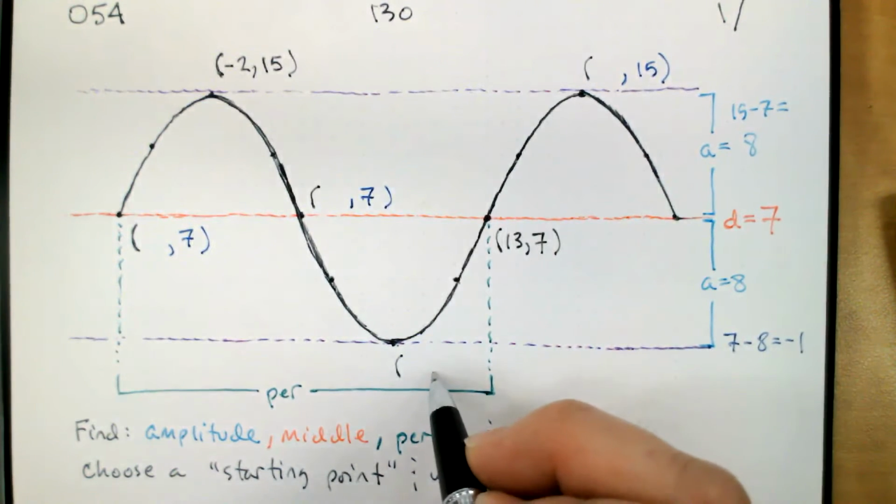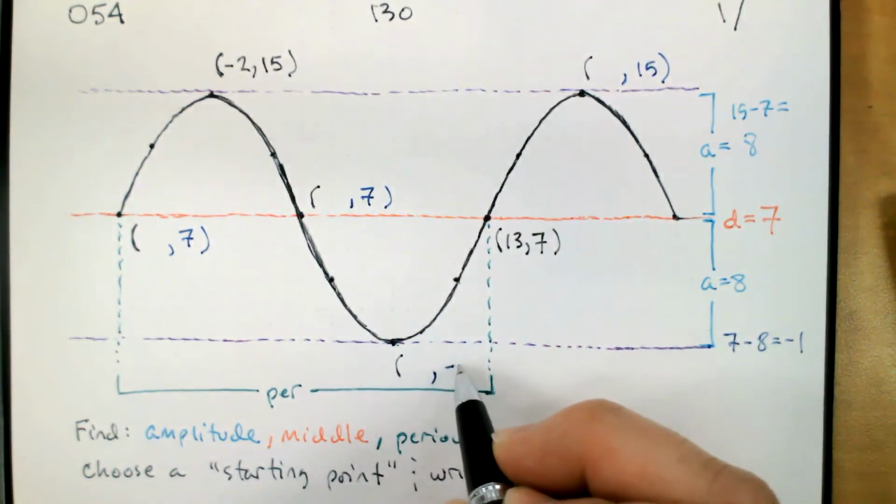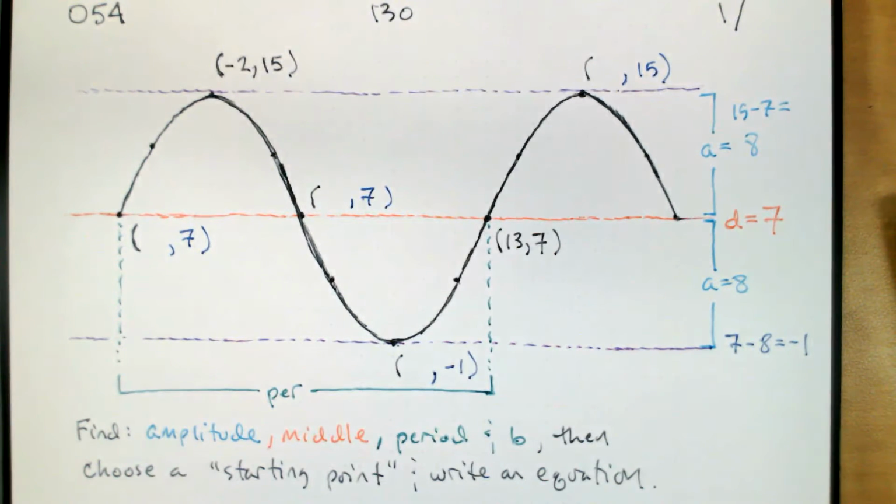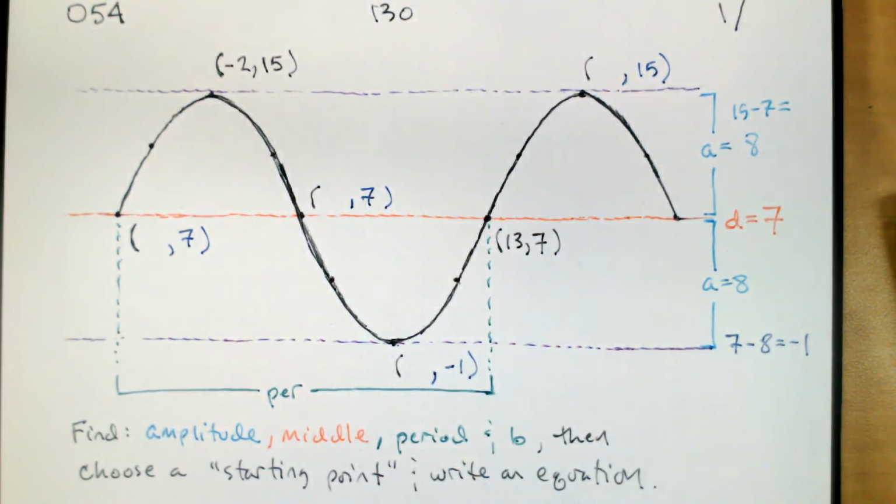So now we know all of our vertical information. The bottom is at -1, the middle is at 7, and the top is at 15. 7 plus 8 is 15, 7 minus 8 is -1. So it's D plus or minus 8.